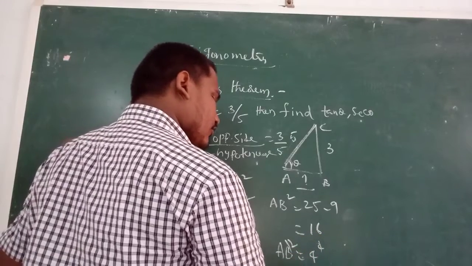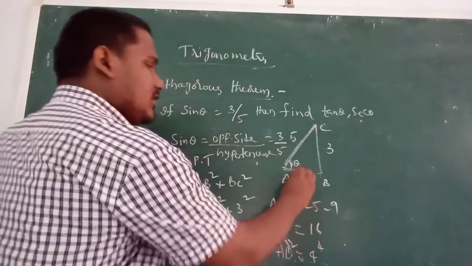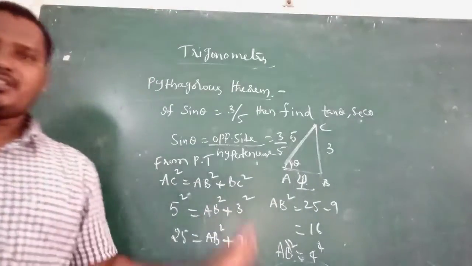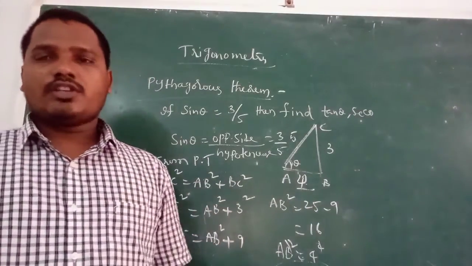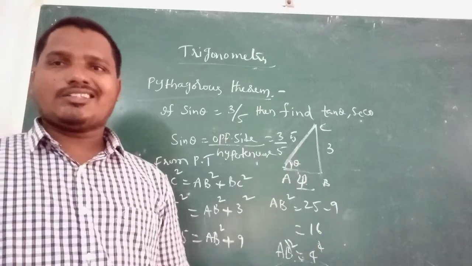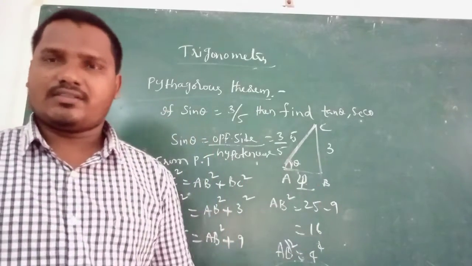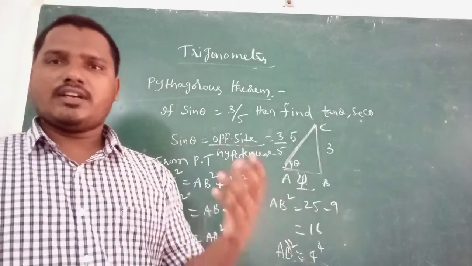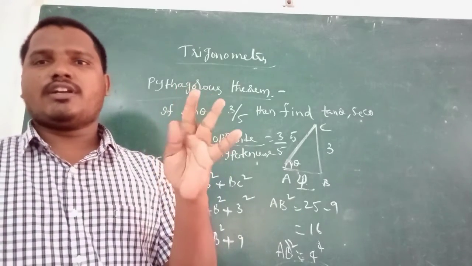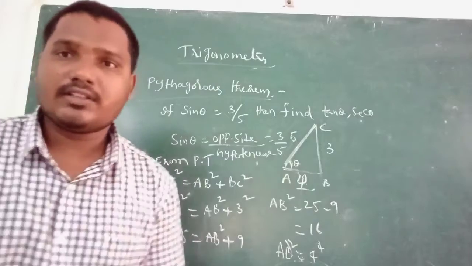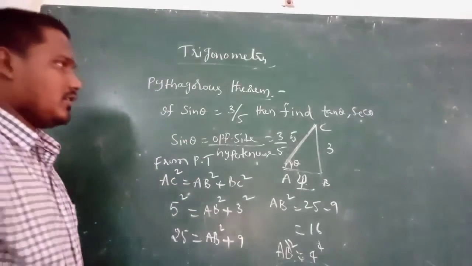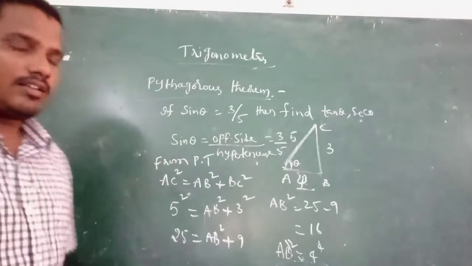AB is equal to 4 centimeter. This is the value of 4. Then you substitute 4 in adjacent side value, then you get whatever they ask: cos theta, secant theta, cosecant theta, cot theta, tan theta. Okay, this is the concept.